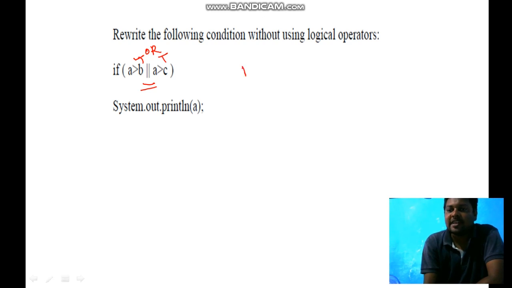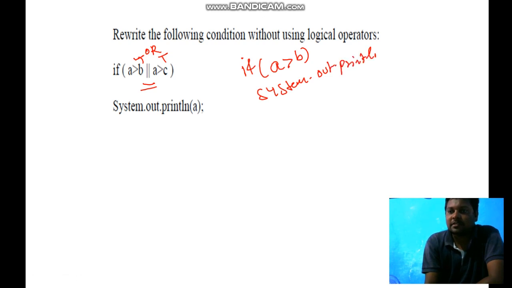So very simple. If a greater than b, for example, if it is true, then we are printing System.out.println(a), or else if, we are using else if because it's an OR operator. Else if this condition is true, again we are printing. Any one condition being true, we are printing.